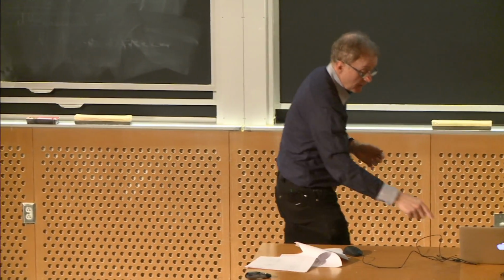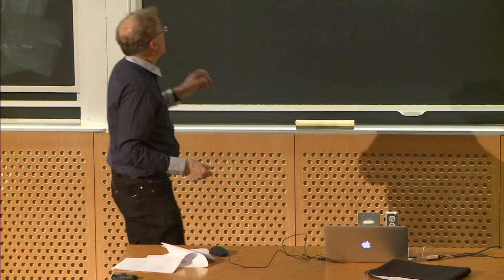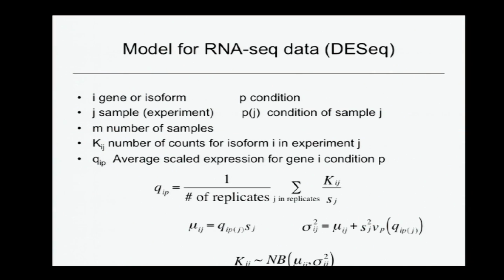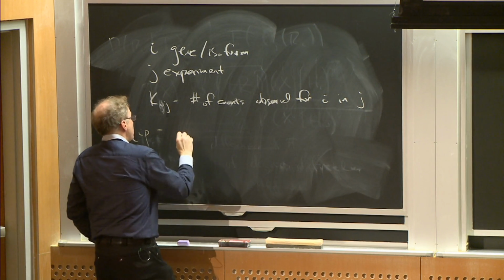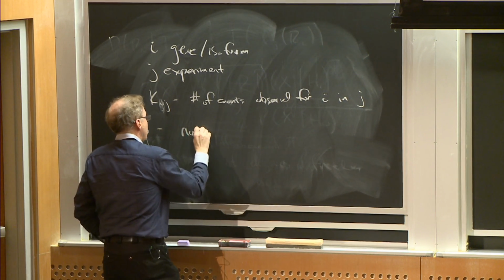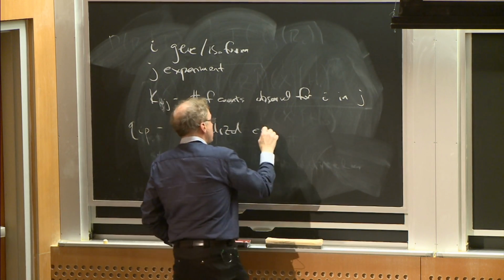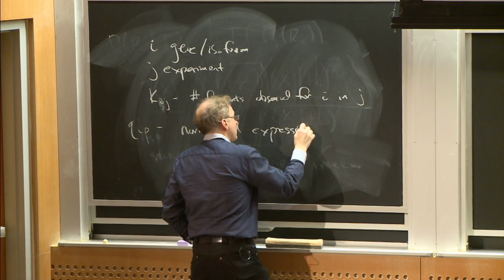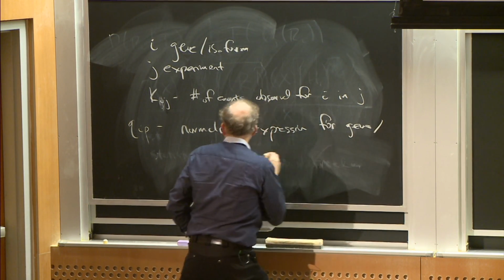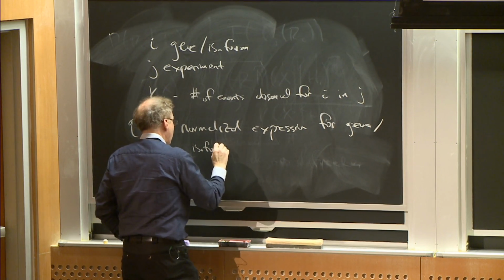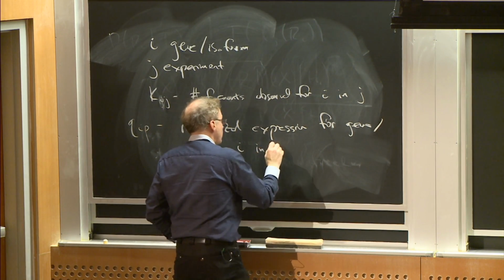So what we then do is we compute an expression for a condition. Now a condition we're going to call p, and q sub ip is the normalized expression for gene or isoform i in condition p.